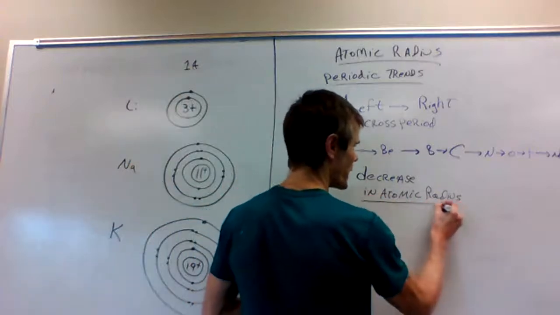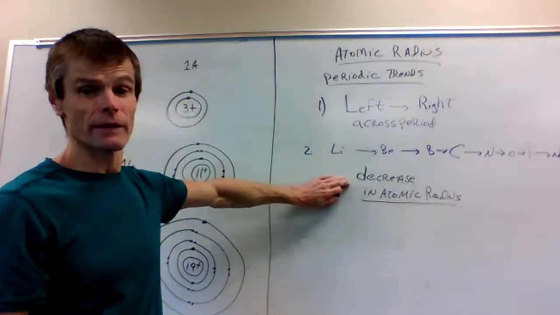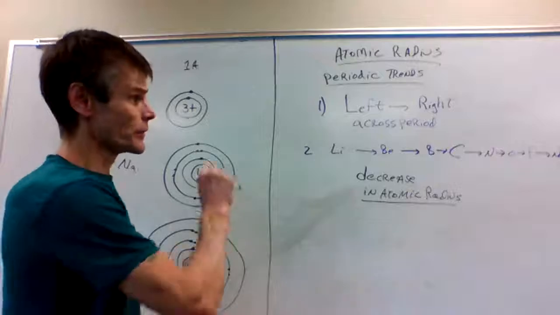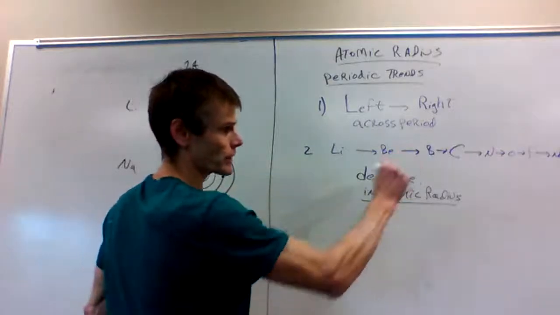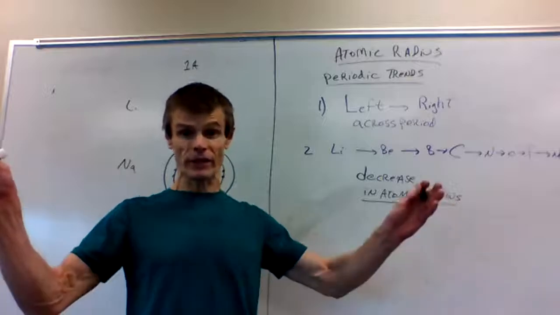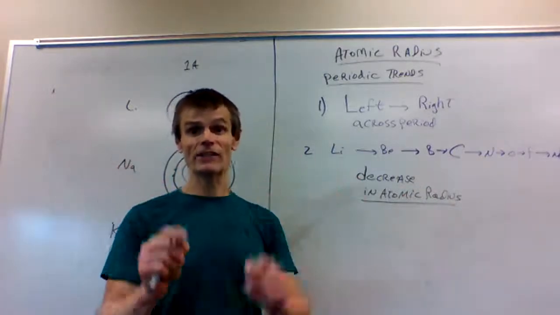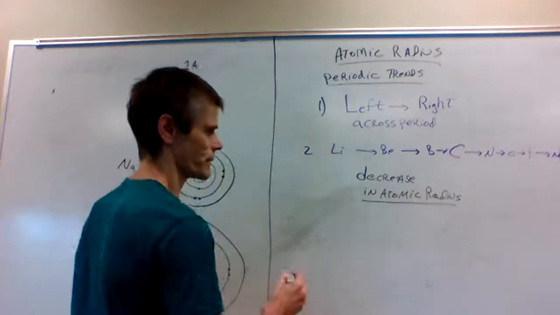So that's the major effect in our periodic trend in atomic radius. There's an increase in effective nuclear charge, resulting in a decrease in atomic radius because we're pulling electron density in closer to the nucleus.